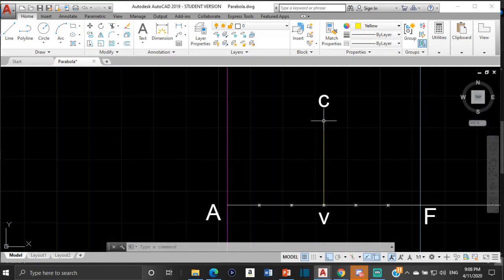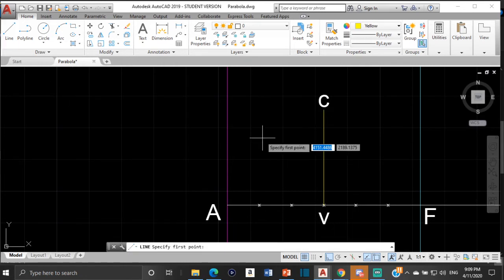And the reason for it always being 45 degrees for a parabola is that AV is always going to be equal to VC right here. So if I draw a line from A through C, I'm basically completing a right angle triangle. So this line here is always going to be 45 degrees because AV is equal to VC.